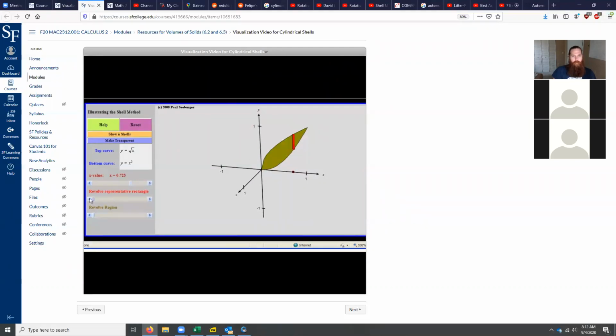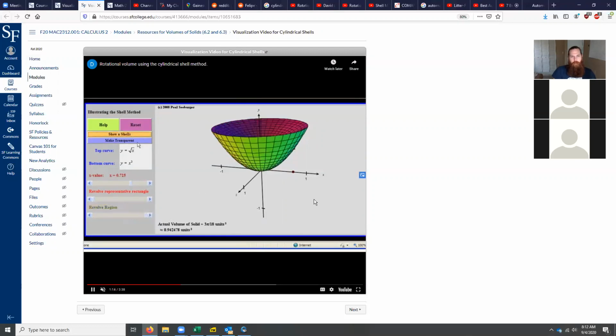And then he'll drop in a whole bunch of those little strips and rotate all of them at once. And you get the whole solid, or something very close to the whole solid, like a Riemann sum for the solid. And then when you integrate, you actually get the smooth thing. Very cool, right?